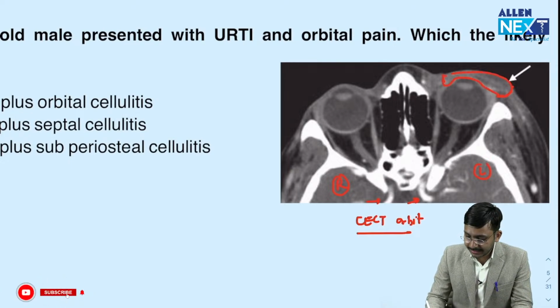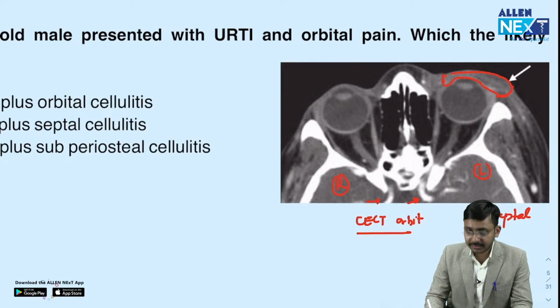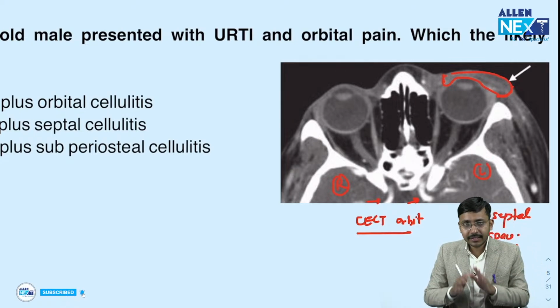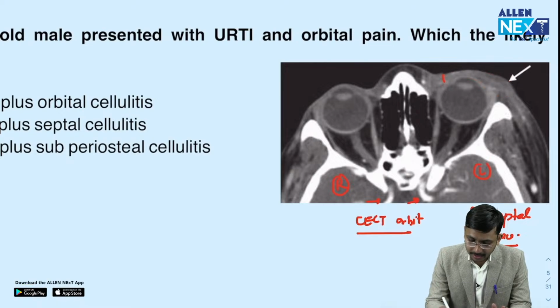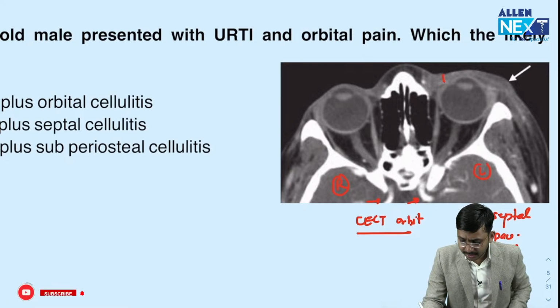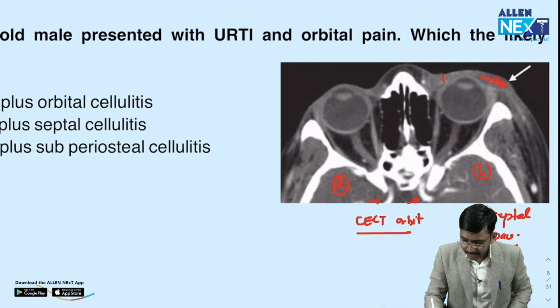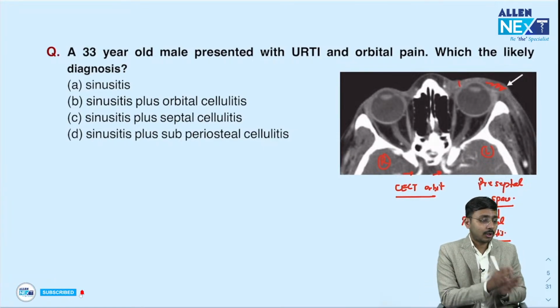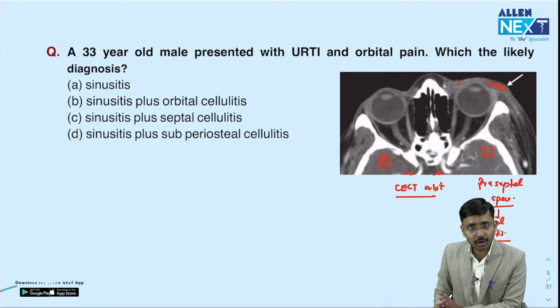This is the pre-septal space, anterior to the orbital septum. If this was the image, then the answer would be a pre-septal cellulitis or a pre-septal abscess. If the inflammation was here, then the answer would be a pre-septal cellulitis. But I am not sure if this was the image that was given to us. So you can tell me in the comments whether this was the image that was given to us or not.